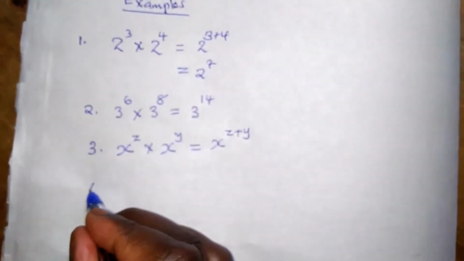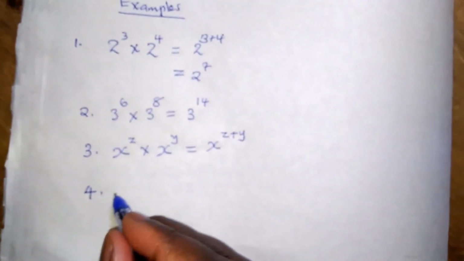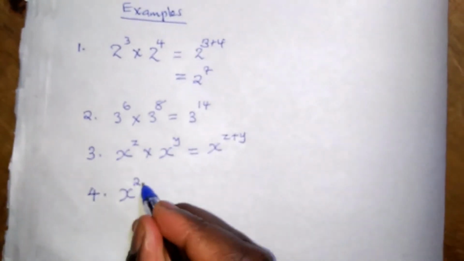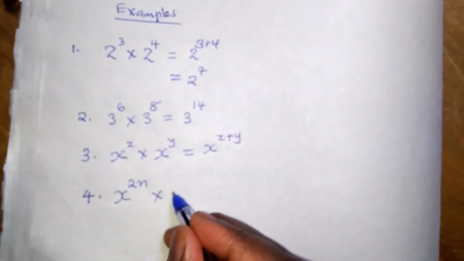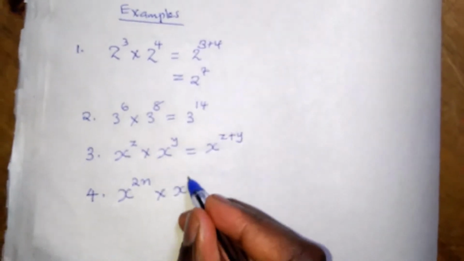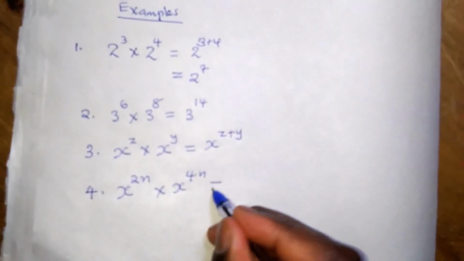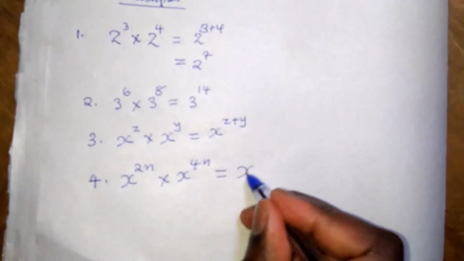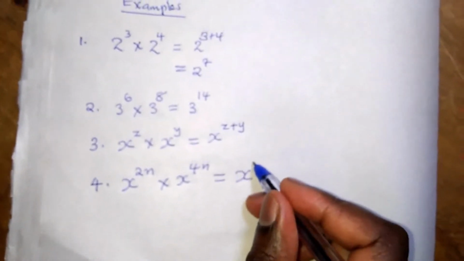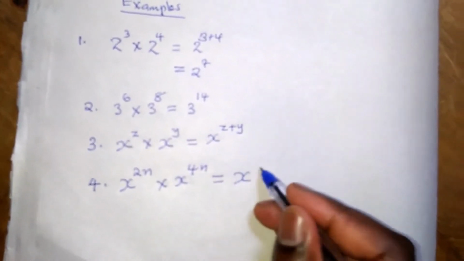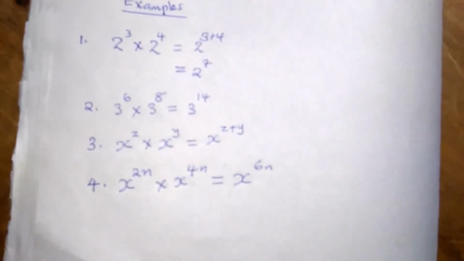Another example, x raised to 2n multiplied by x raised to 4n, we get x raised to 2n plus 4n, which gives us 6n.